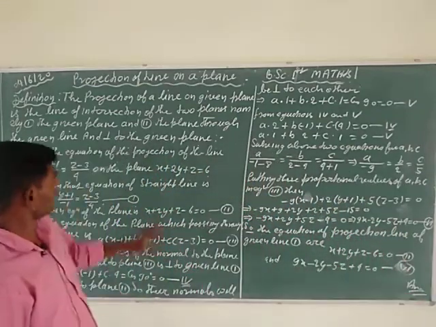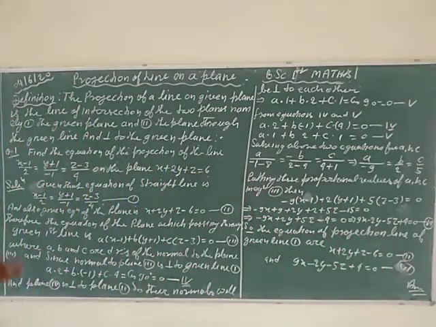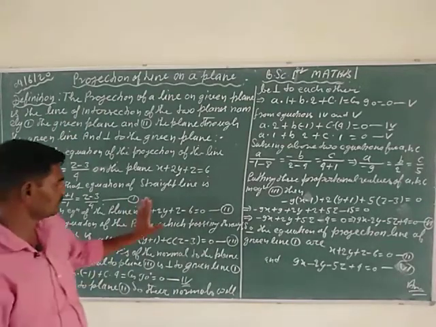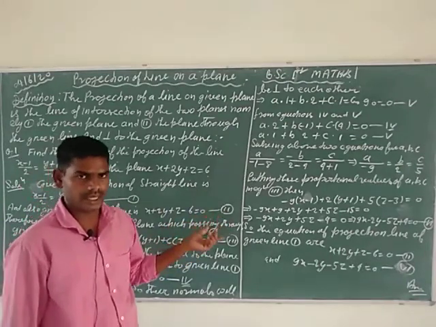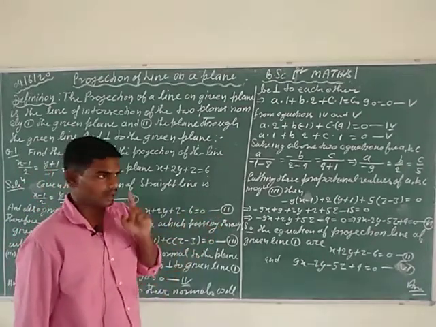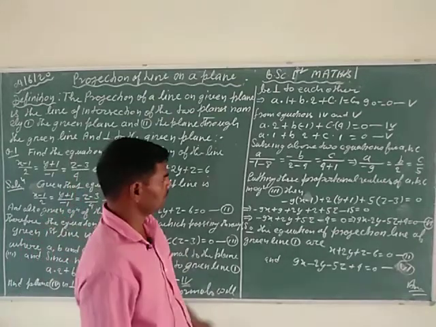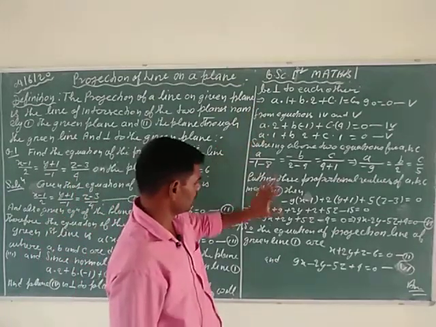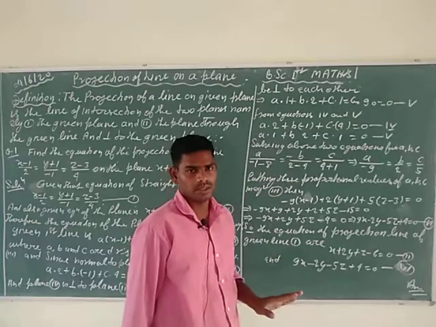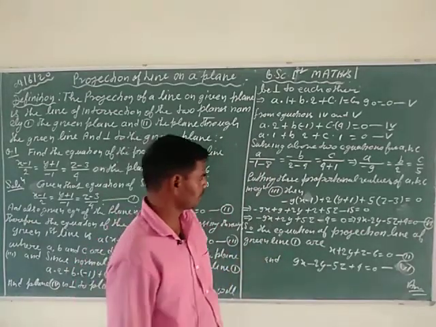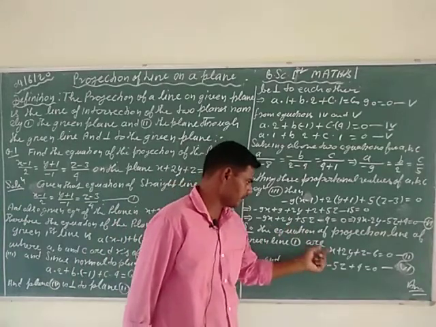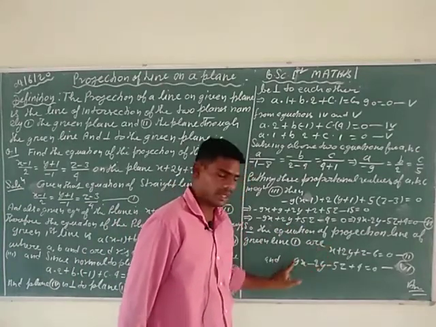So according to the definition, in the first question we solved for the plane equation which passes through the first line and is also perpendicular to the given plane. Applying this method, we find the equation of the second intersecting plane, and at last write two equations at the same time.